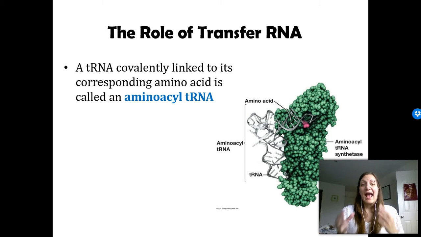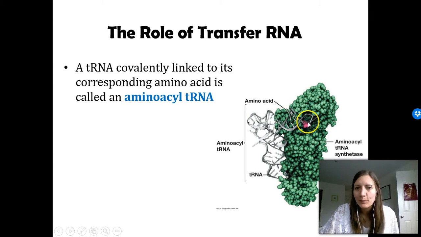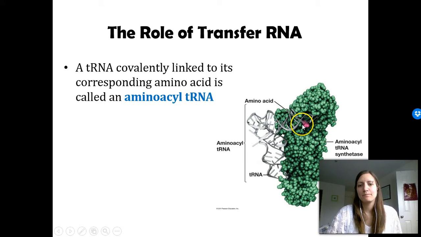So when tRNA has its amino acid attached to it, we call that whole structure an amino acyl tRNA. So it's still a tRNA. Everything about tRNA is the same. It just has its amino acid on it, and that's what this little purple pink area is representing. So this whole molecule we would call the amino acyl tRNA.